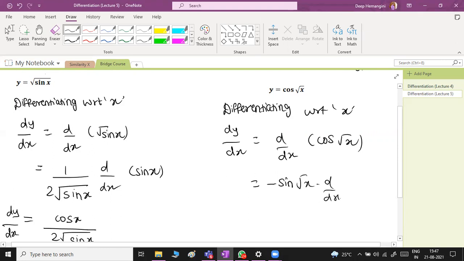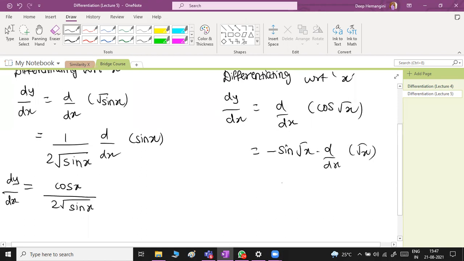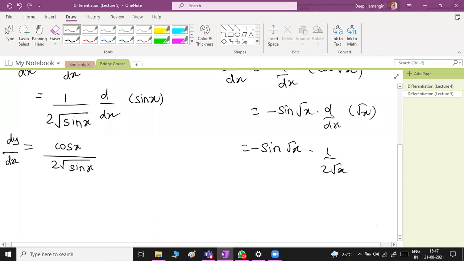Also I can differentiate root x, so I'm going to differentiate that as well. So what will be the derivative of root x, minus sin root x into 1 upon 2 root x. Okay. So basically can I write it this way, that minus sin root x upon 2 root x. Will it do?